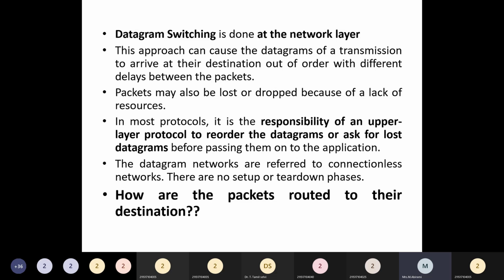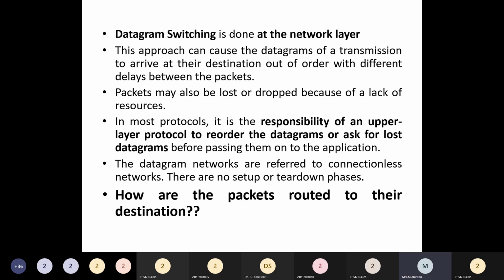So datagram networks are connectionless: there is no setup phase or teardown phase.